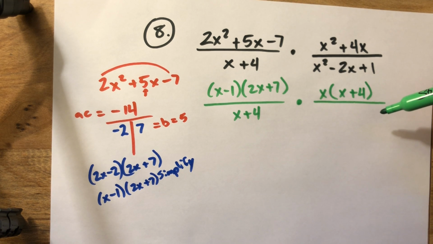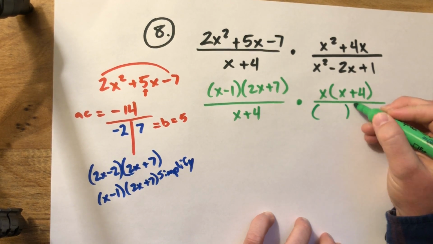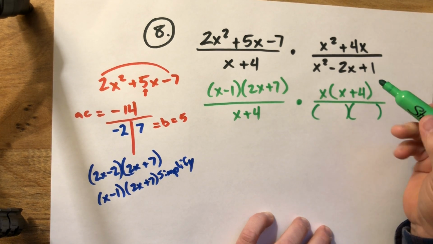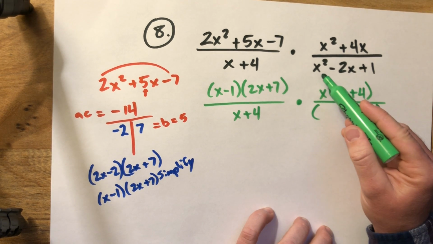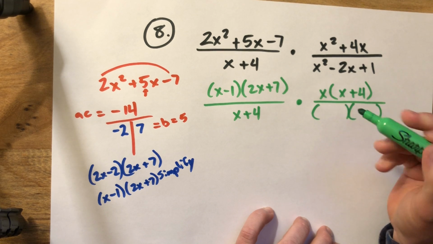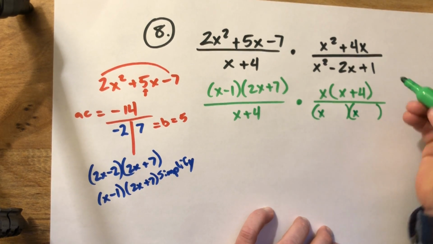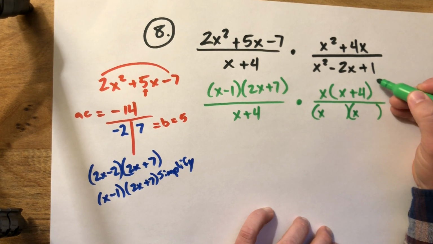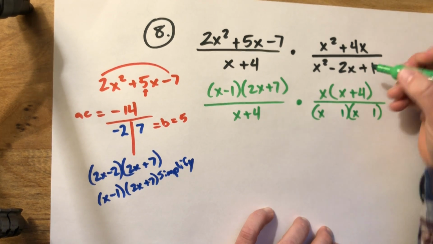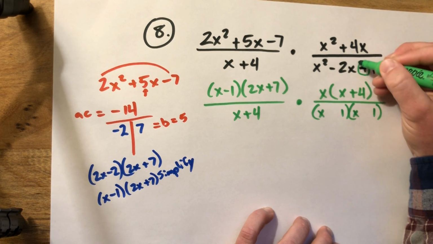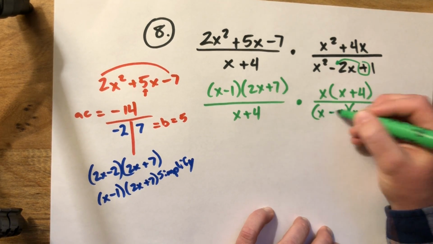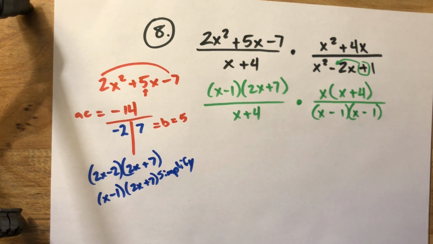This is actually a pretty simple one. Like I said, it's pretty simple because the only thing that would multiply to get x squared is x, and the only thing that would multiply to get 1 is 1, and your problem tells you that they're the same signs as the first, so it's x minus 1 times the quantity x minus 1, a perfect square trinomial. Everything looks factored there.